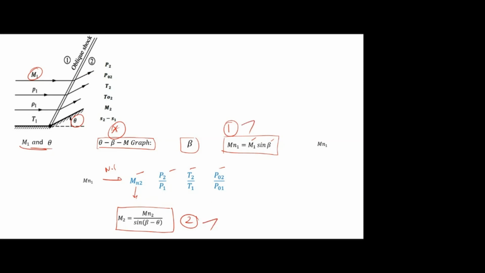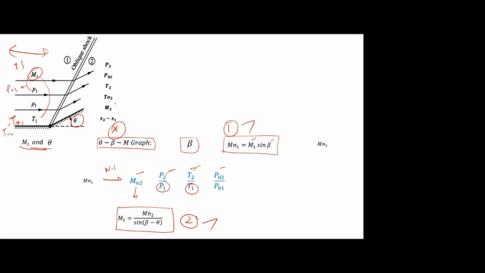Mn1, Mn2, these formulas you should memorize. Then for the remaining, from the ratios, if you know P1, you can find P2. If you know T1, you can find T2. And here you can apply the isentropic relations. For example, if you know M1 and P1, you can find P01. If you know M1 and T1, you can find T01. T01 is equal to T02.